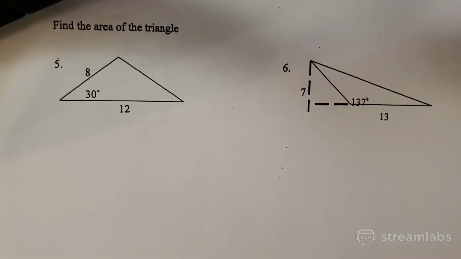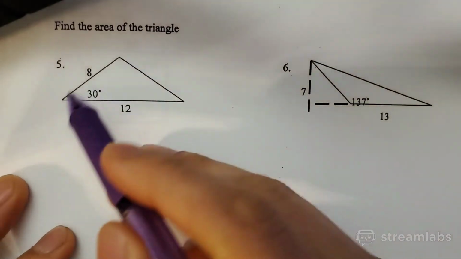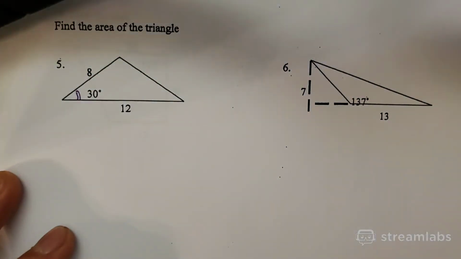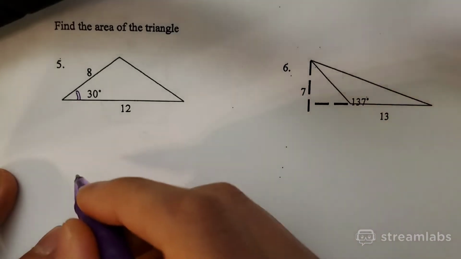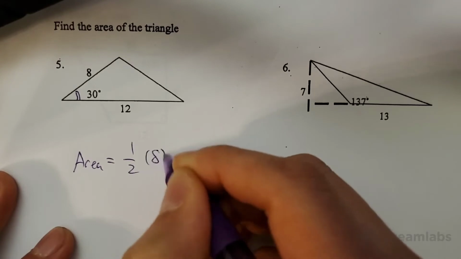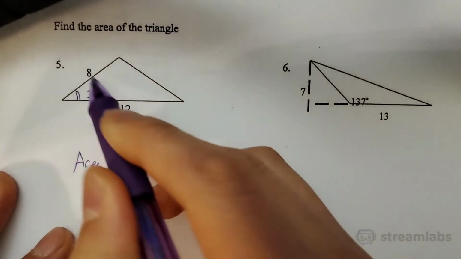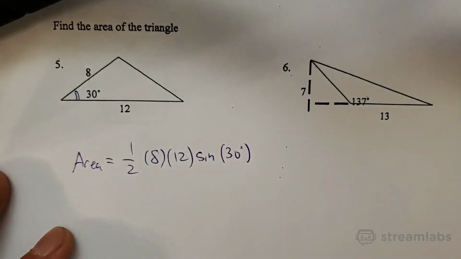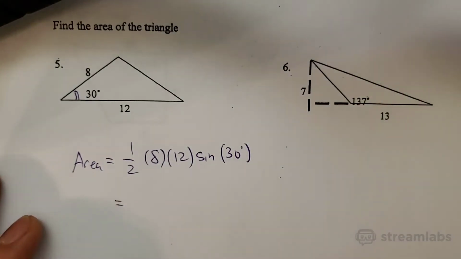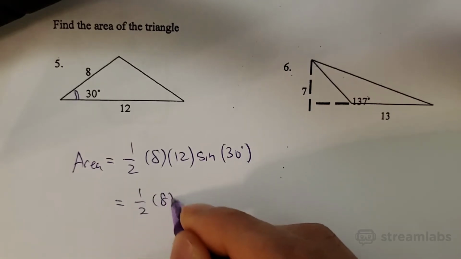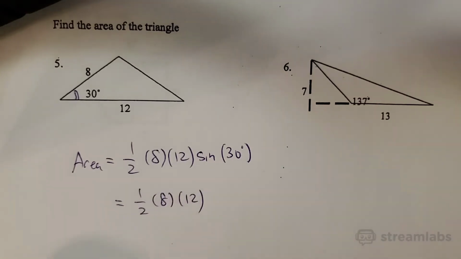Okay. So, number 5. Area of a triangle is of this. Naturally, you can look at this, right? Angle is here, so we just apply the formula. Area equals 1/2 AB sine C. What would this be? Well, thankfully, sine 30 degrees is a special angle, right? What is sine 30 degrees?